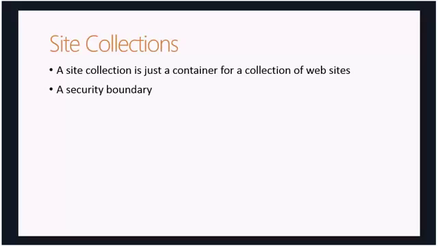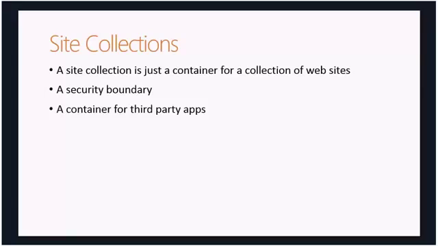In many cases, you may want to set up a site collection for just internal users. You may want to set up a second site collection for internal and external users to collaborate on, basically like an extranet style project. So think of a site collection as a potential security boundary.